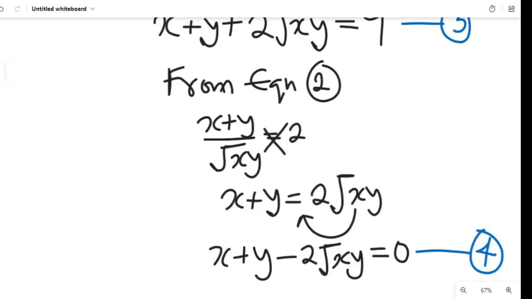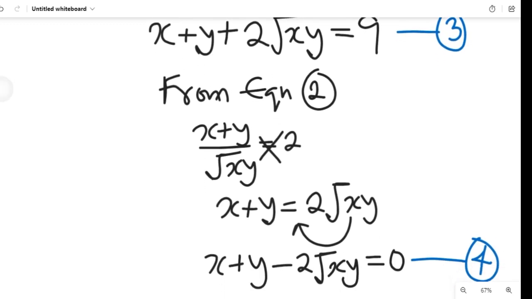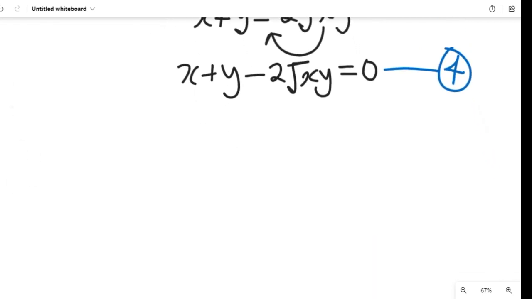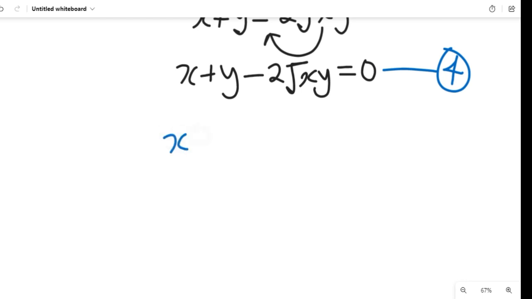So we have two distinct equations now, equation 3 and equation 4. Now what we need to do is to solve equations 3 and 4 using the elimination method of simultaneous equations. Now recall that equation 3 is x plus y plus 2 root xy, and that is equal to 9.